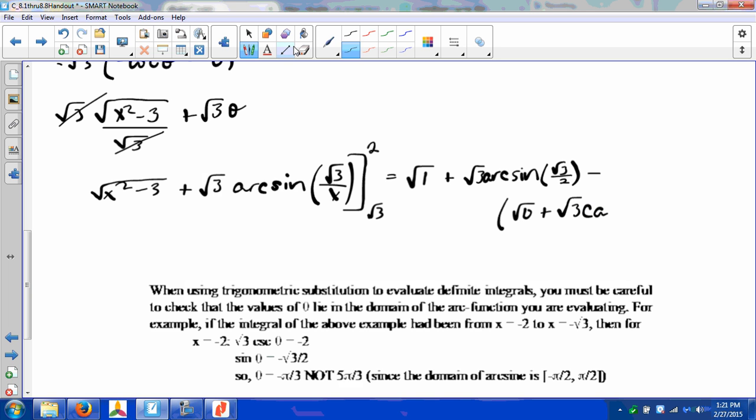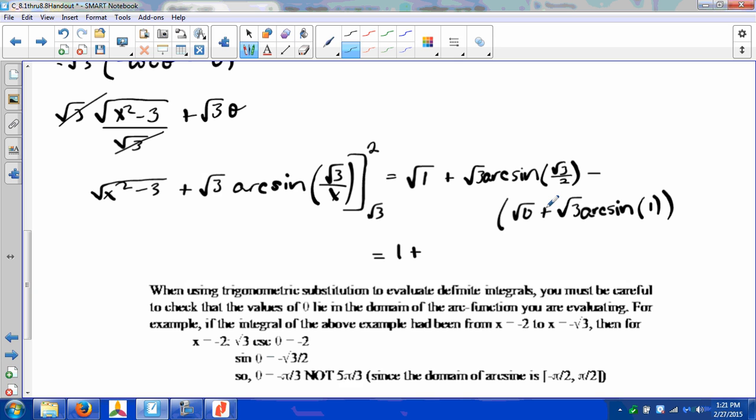I'm dyslexic today, always, but especially today. Arc sine of 1. Okay, so then that is 1 plus, and then where is sine root 3 over 2?